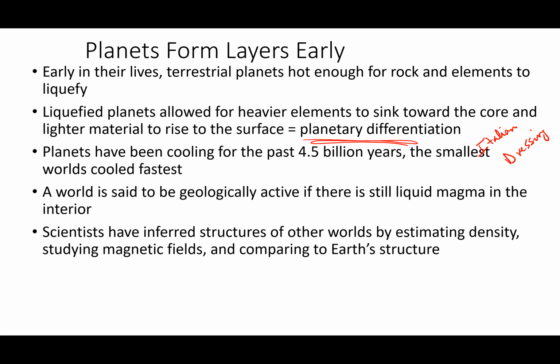So planetary differentiation, you have to think about what we talked about on Wednesday. It starts with the solar nebula, what our star and the planets form from. It takes about 100,000 years or so; every star takes a similar time to go from a nebula into a star system, a star with planets.